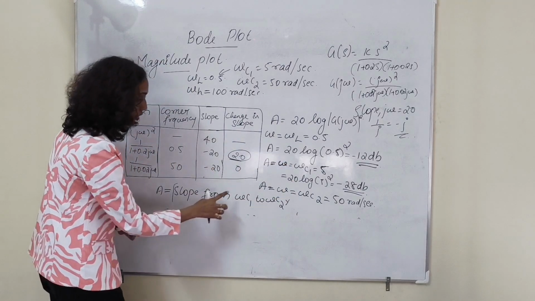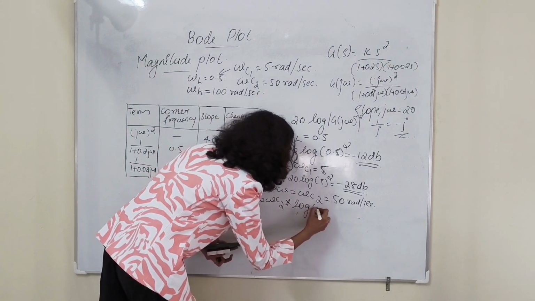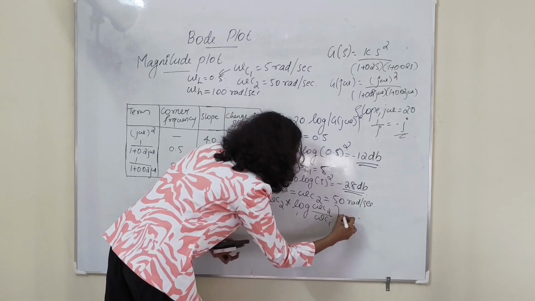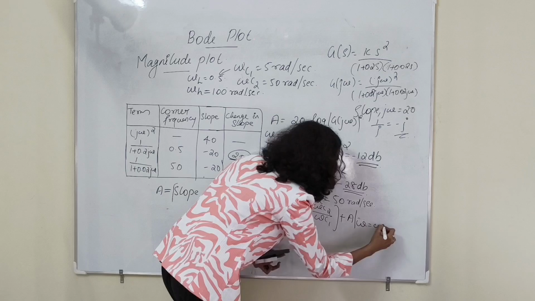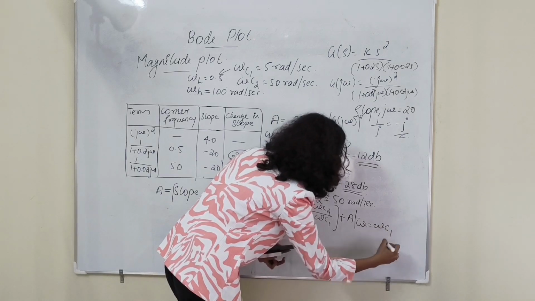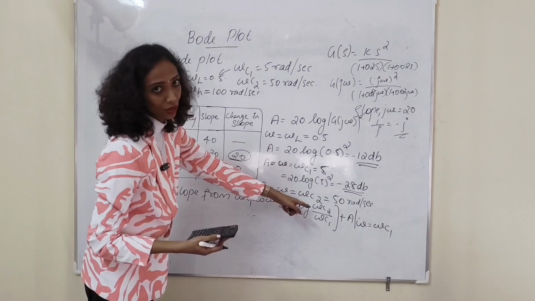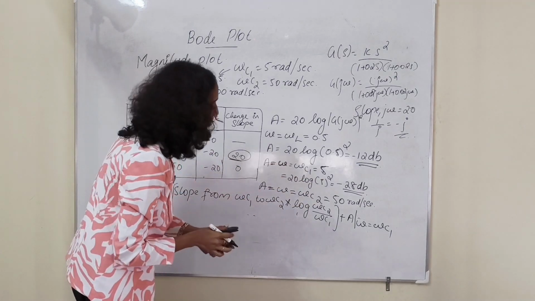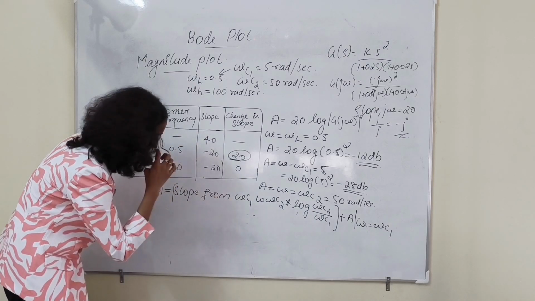That is slope from omega C1 to omega C2 into log of omega C2 divided by omega C1, plus the gain at which omega is equal to omega C1.